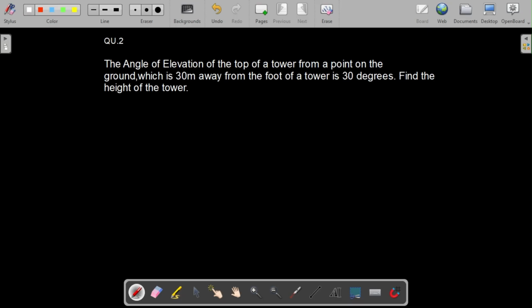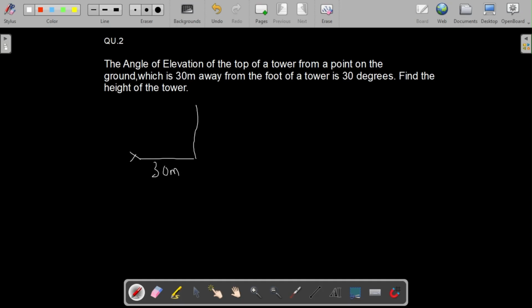So the angle of elevation of the top of a tower from a point, which is 30 meters. It has been considered that there's a point here. Now I have a tower.